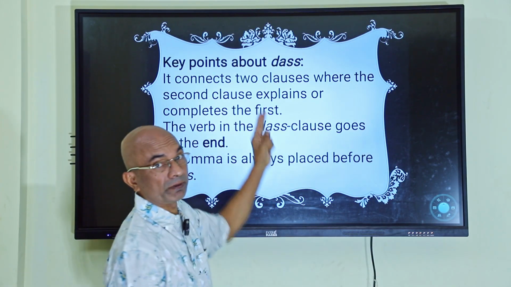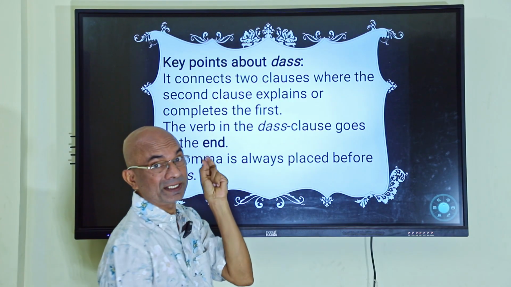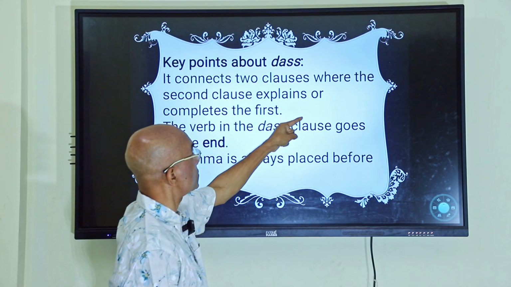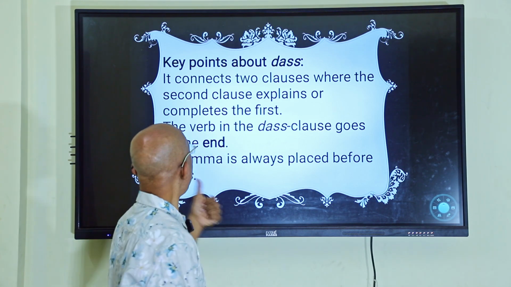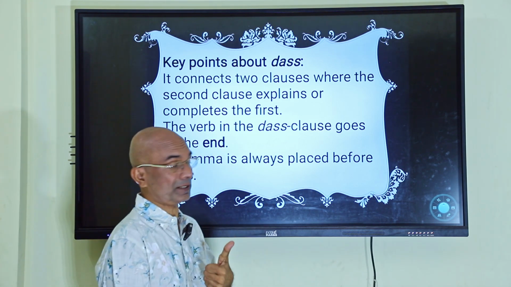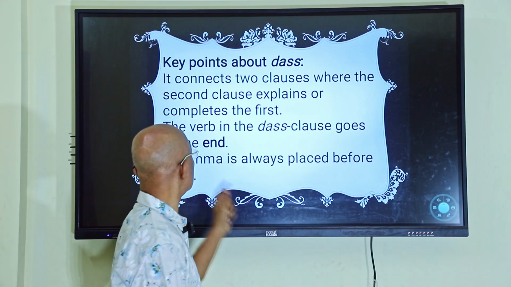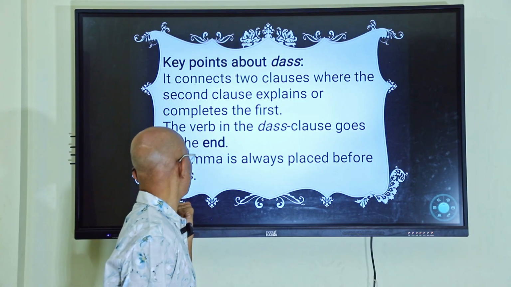Key points to remember. It connects two clauses where the second clause explains or completes the first. The verb in the das clause goes to the end and a comma is always placed before das.